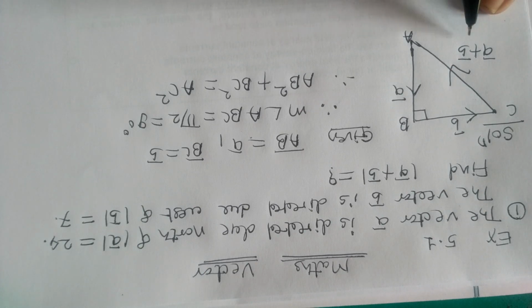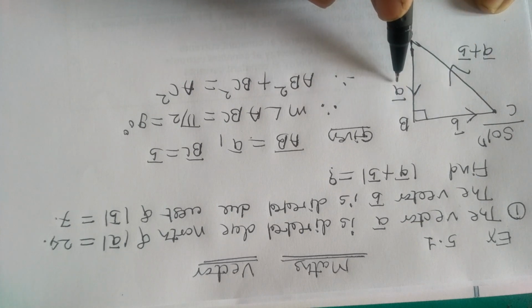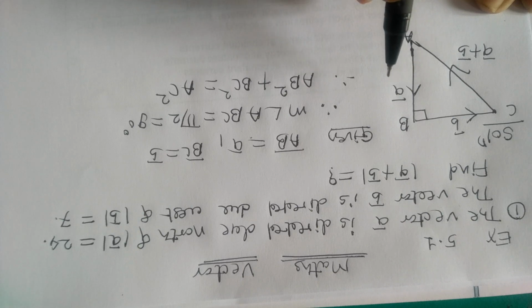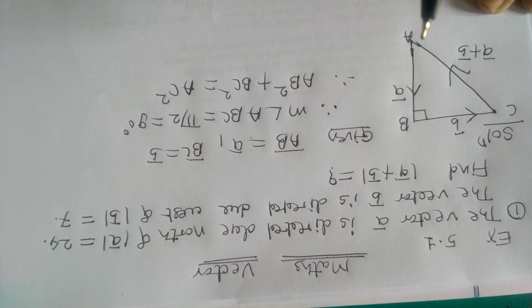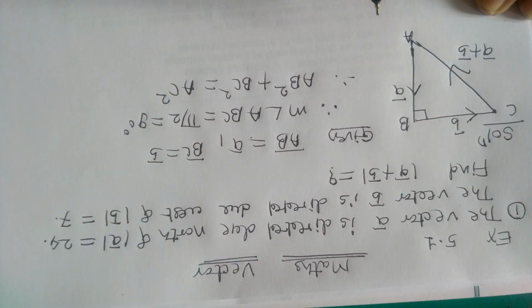So we have to find its magnitude, and by using Pythagoras law, the magnitude of a bar plus b bar is the root of magnitude of a bar square plus magnitude of b bar square, because we take the value in terms of magnitude. This vector is converted into a scalar quantity.